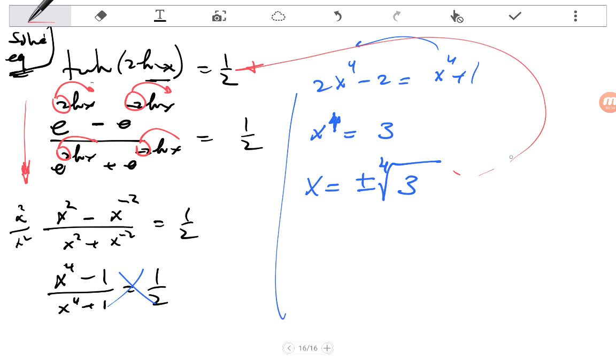So some of the solutions may be rejected. What do you think about these two solutions? Are they allowed as solutions for this equation or not? Are they accepted? Both are accepted.